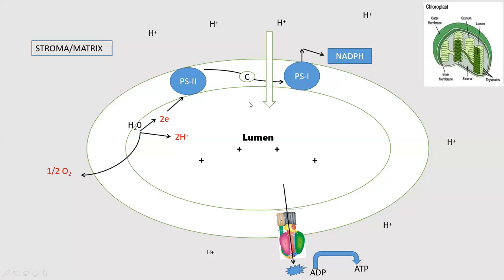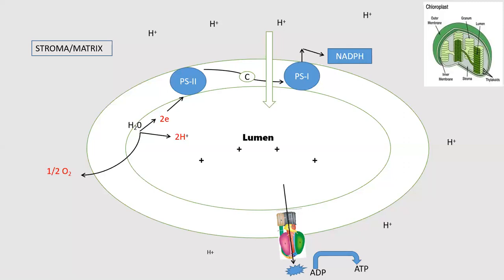Due to the proton gradient, the proton accumulation is towards the inside of the membrane. That means it's the lumen. Due to the proton movement, the proton accumulation takes place in the lumen part.